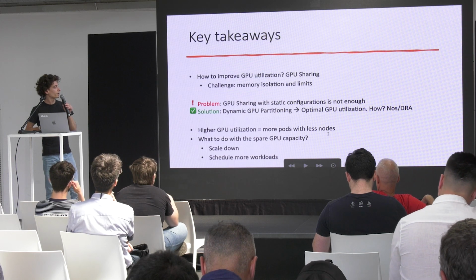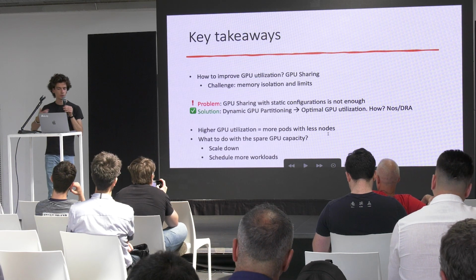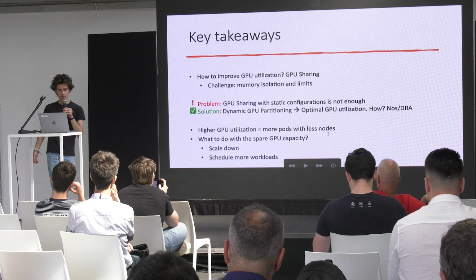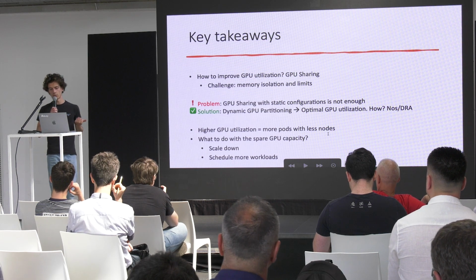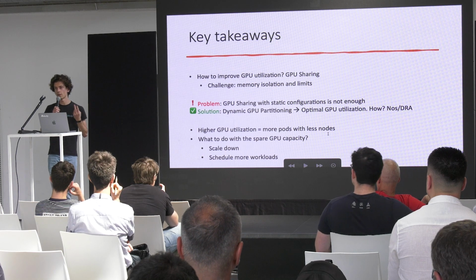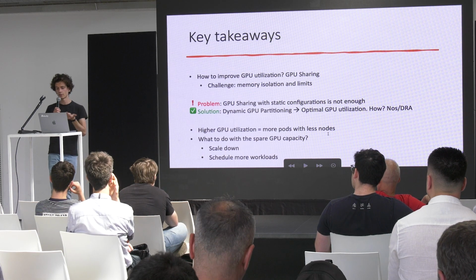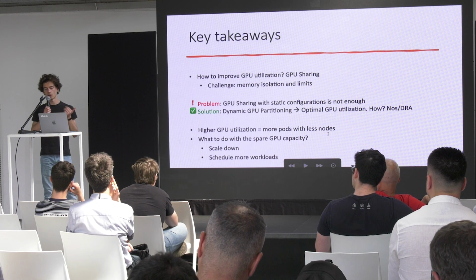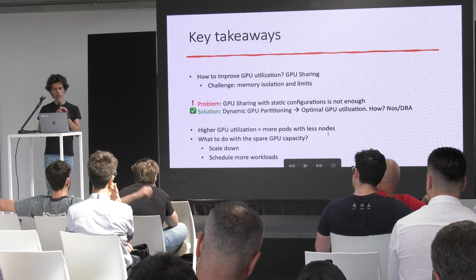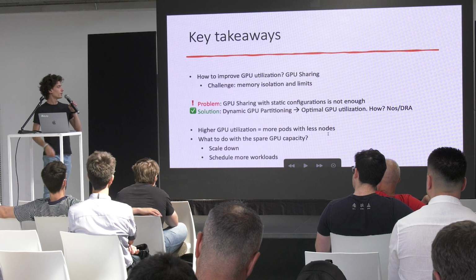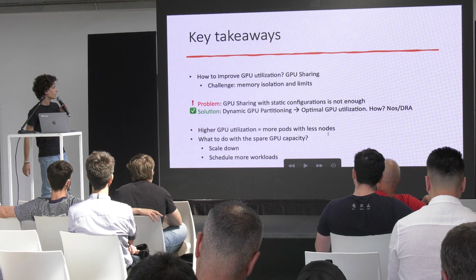And static configuration is not enough if we want to achieve operational excellence. So the solution here is to have some form of dynamic GPU partitioning. How to do that? Two ways: either custom operators, such as NOS, or we can rely on the Kubernetes API as soon as the drivers become available. So in this case, the dynamic resource allocation API.